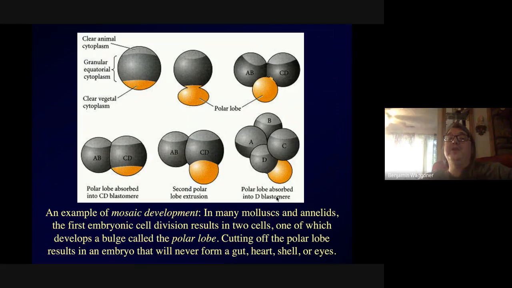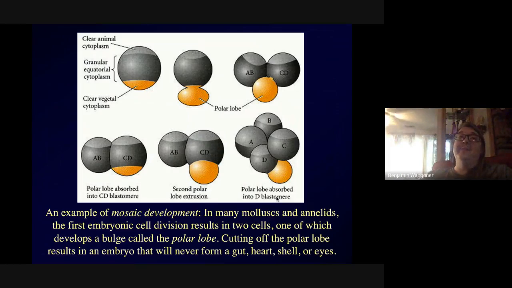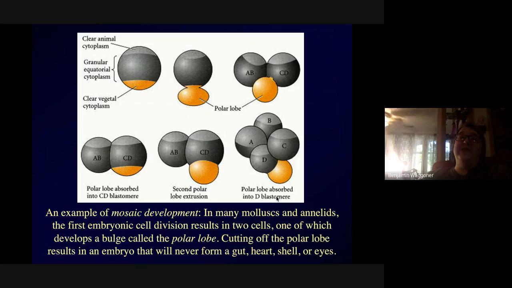Humans, of course, if you take a human 2-cell embryo and you divide it in two, what you get is identical twins. At the 2-cell stage, both of the cells of an embryo are still able to develop into a complete human being. When they do in vitro fertilization, they'll fertilize eggs in a test tube or a dish, I guess, and let them develop to the 16-cell stage, and then remove one of the 16 cells for genetic testing to make sure that the embryo is genetically normal.